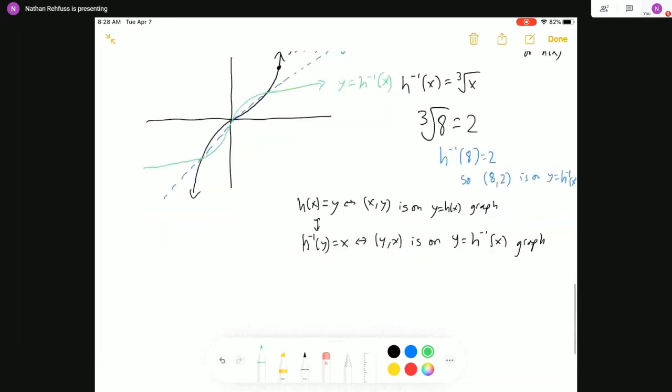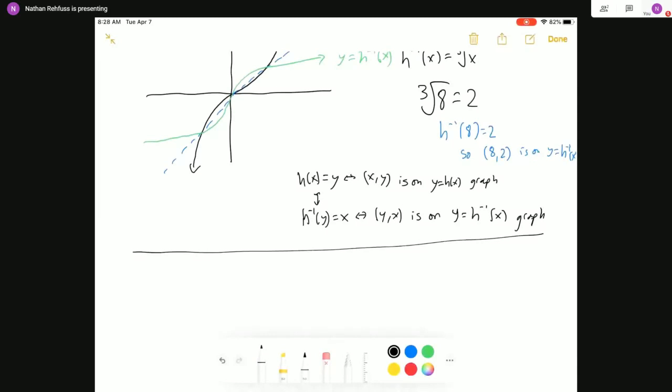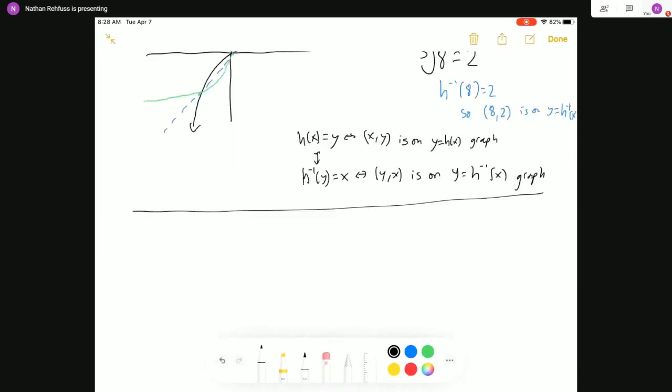Now, just as a warning, not all functions have inverses. I know I said this already, but now I'm ready to give an example.